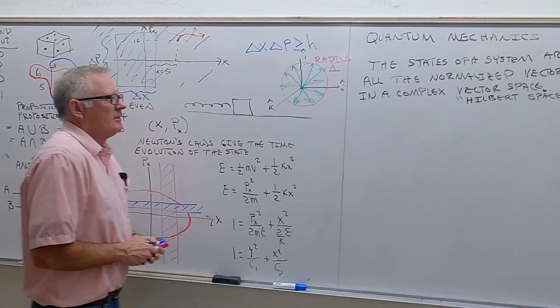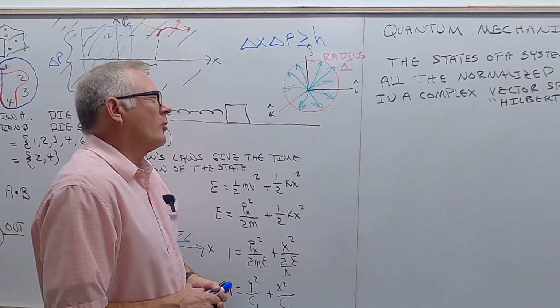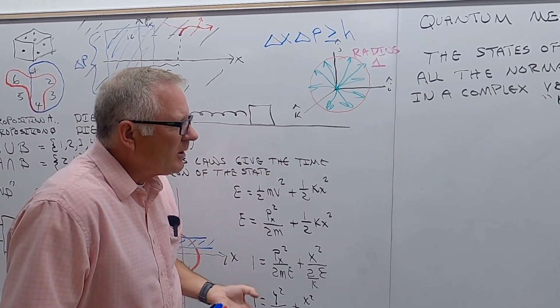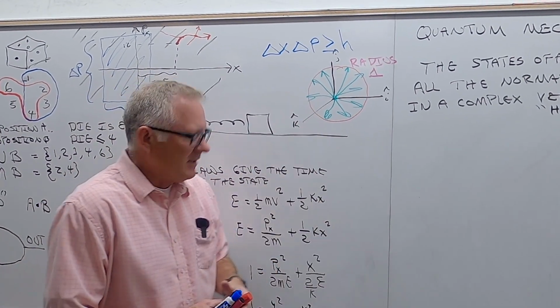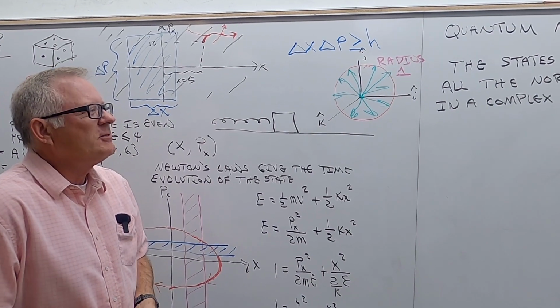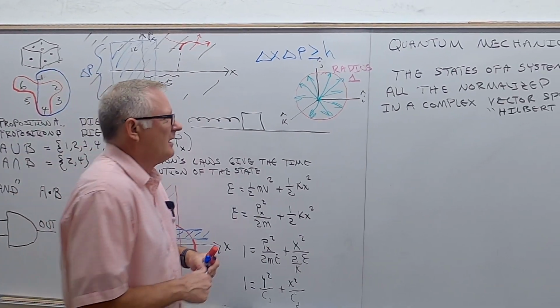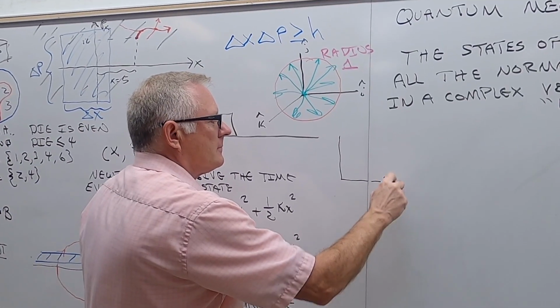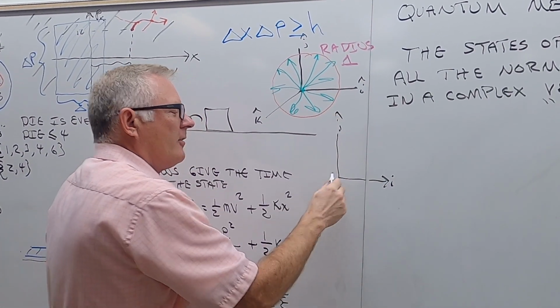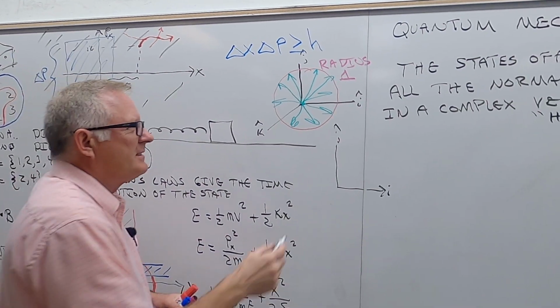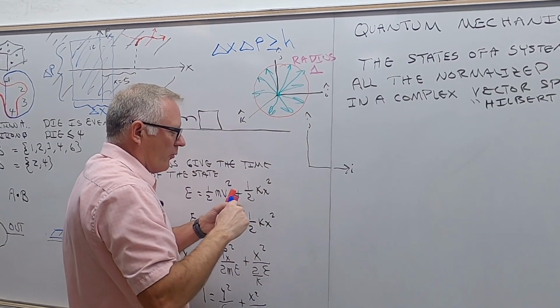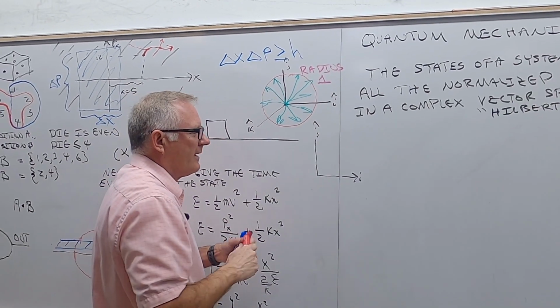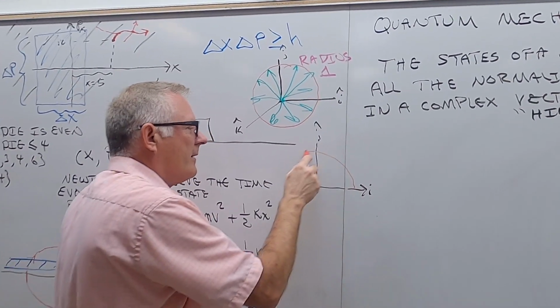Okay, so whenever we talk about all the normalized vectors, you could probably think of it something like this. Or what if it was just a 2-dimensional space? Well, then you'd only have I and J, there would be no K. And so instead of a sphere here, you'd have just a unit ring right there.